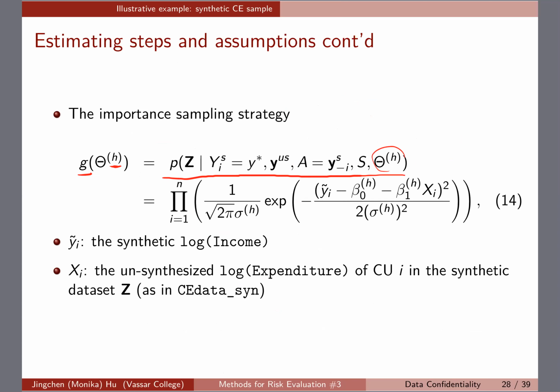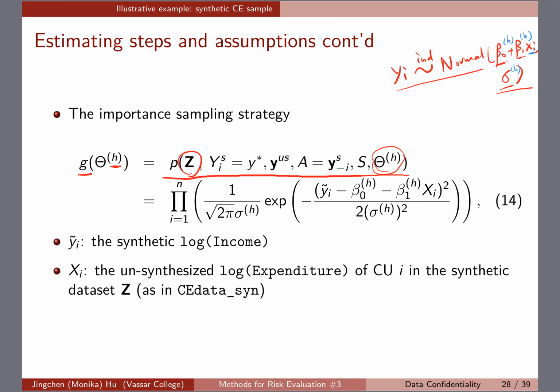And we know that the regression model that we have was what? Yi is independent normal with mean beta 0 plus beta 1 times xi, and then sigma, right? So this is our final synthesis model that we used. So for a particular set of theta, in this case the parameters beta 0, beta 1, and sigma, for a particular h, you can plug in that, and then xi is the log expenditure, which is unsynthesized and given.